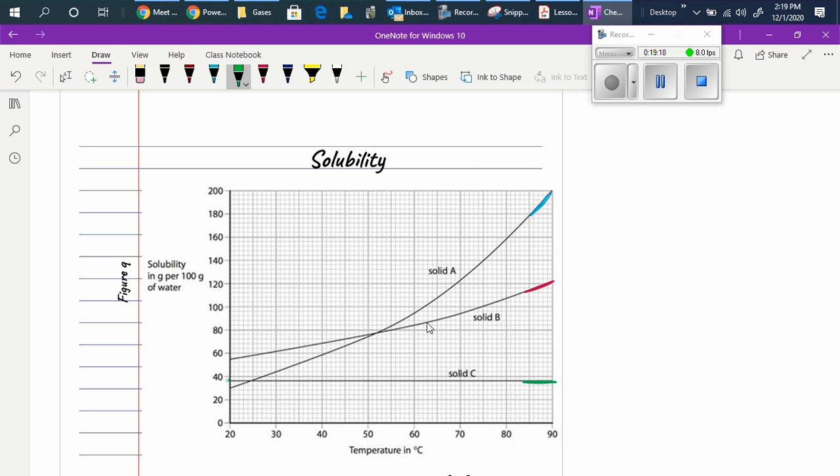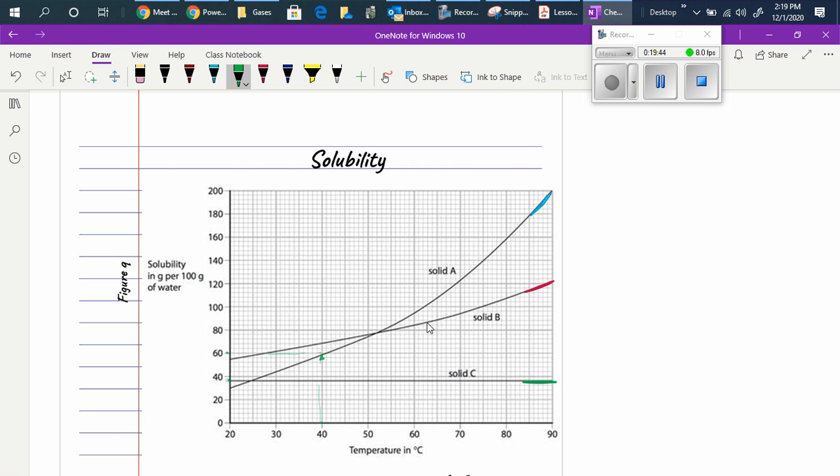So what this is saying is, let's say at 40 degrees Celsius for A, what you can dissolve is about 60 grams in 100 grams of water.